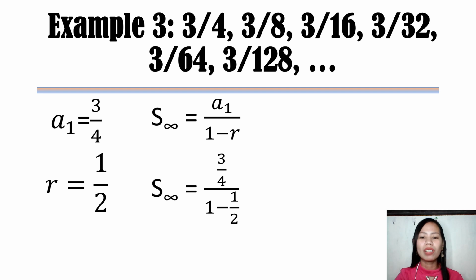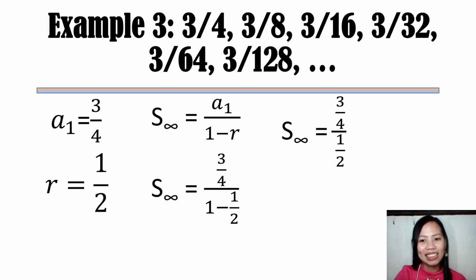We need to solve first the denominator 1 minus 1/2. And 1 minus 1/2, the answer is 1/2. So we have 3/4 over 1/2. So we need to divide the two fractions, 3/4 divided by 1/2, or simply I will teach you a technique: multiply outside by the outside, inside by the inside.